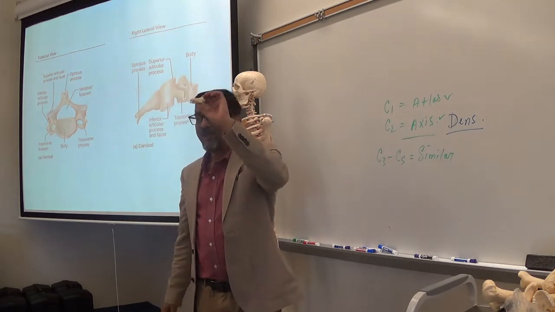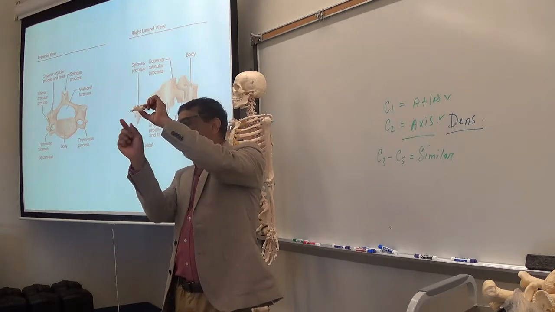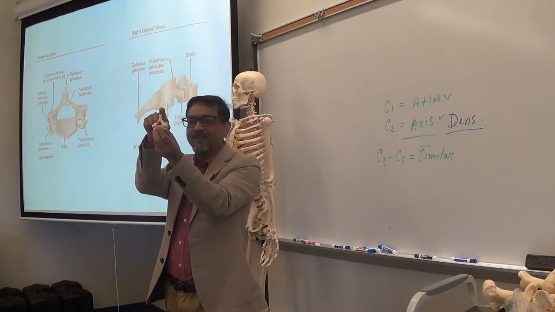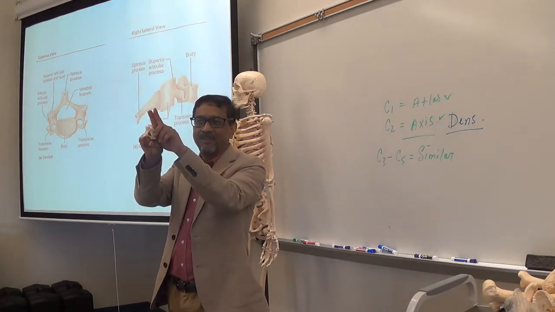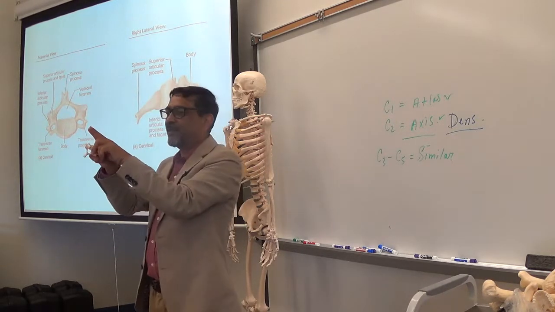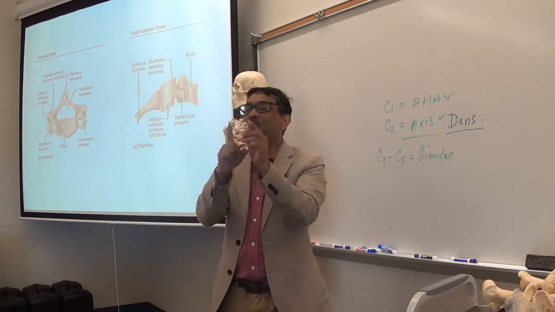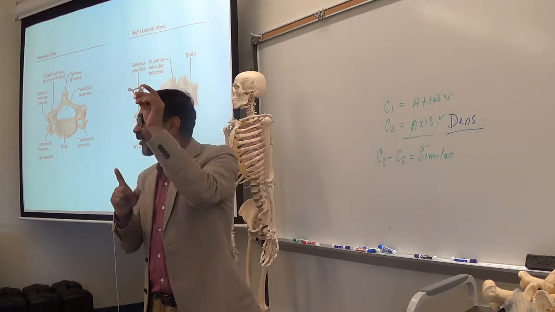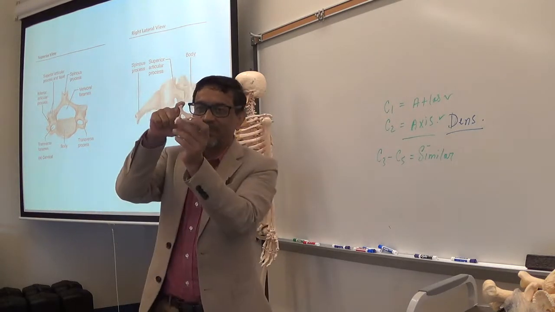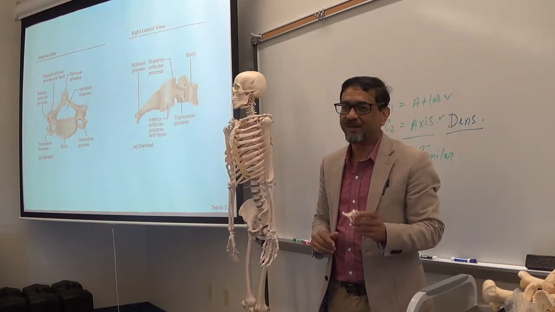The easiest way is, you see the spinous process? The end is what? Split. Did you notice that? Divided. The end of the spinous process is split or divided or bifurcated, we say. Okay? So this is only in cervical, not in thoracic, not in lumbar. Make sense? So if you see this, this is C3 to C7, one of those.